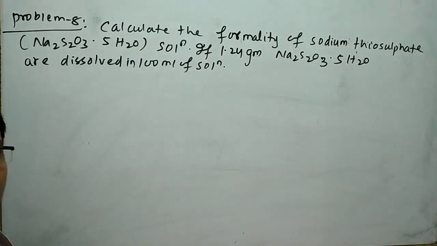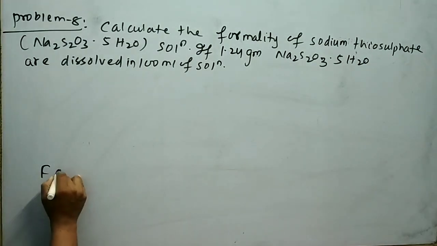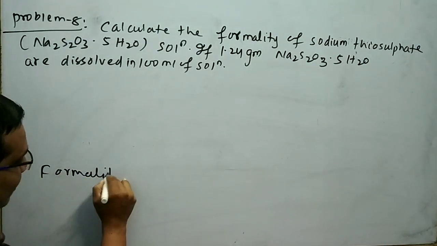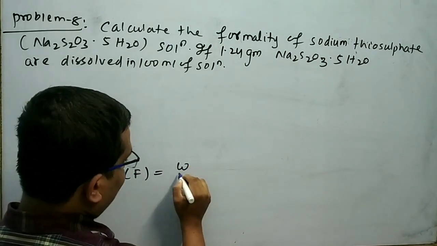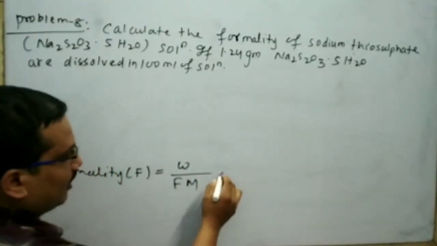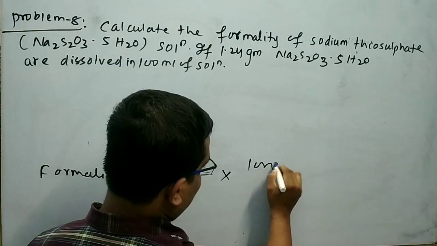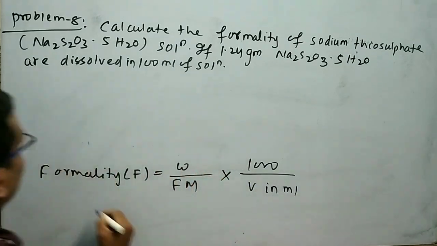Like normality, molarity, molality, we can also write a formula for formality. F equal to weight of the solute divided by formula mass into 1000 divided by V in ml.